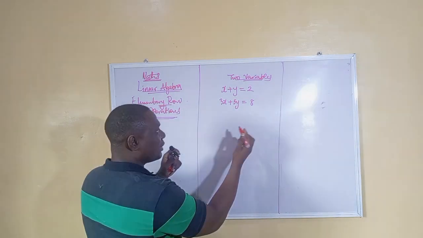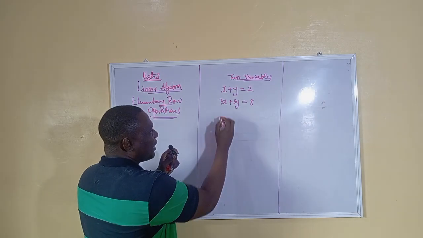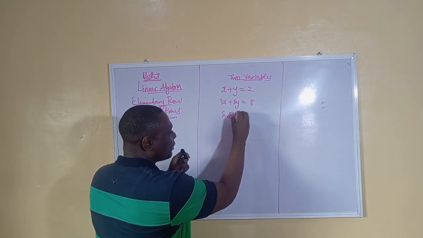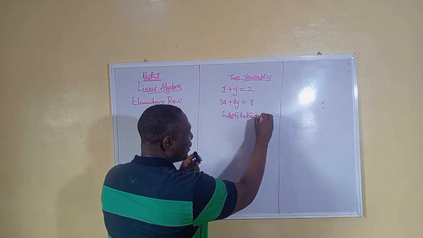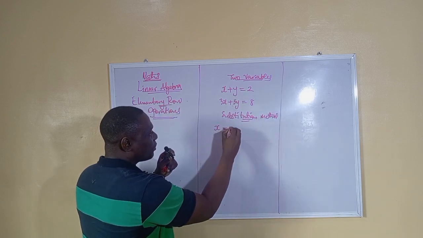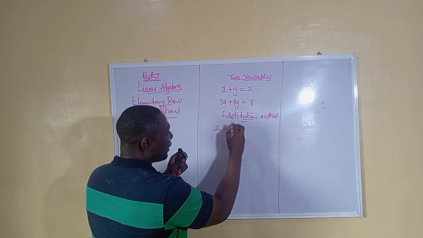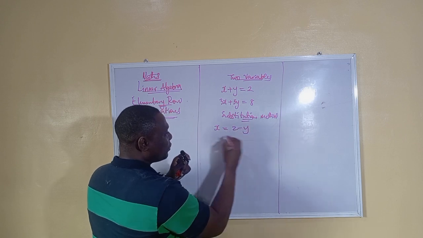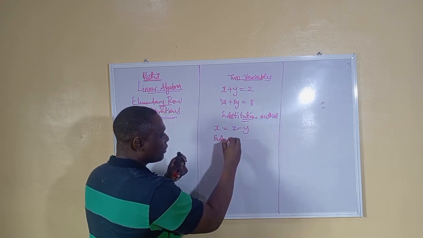Now, this is easy. You can just use the substitution method. You can say x equals 2 minus y, and substitute into equation 2.